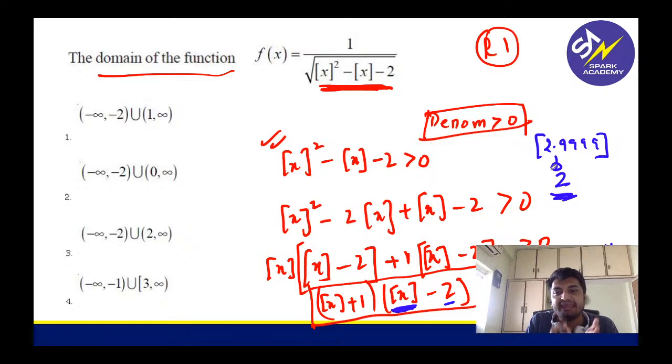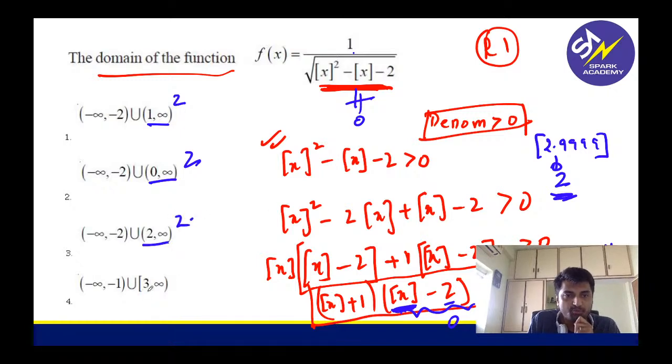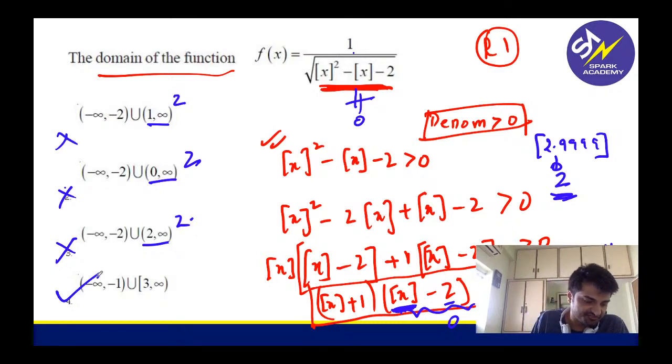So if you take any 2 point something also, this whole part becomes 0. You can't get 0 here, right? It is not equal to 0. So what all options can I eliminate, guys? See, this option has 2, this option has 2, this option has 2 point something. So first, second, third, all of them are eliminated. Fourth is your final answer.